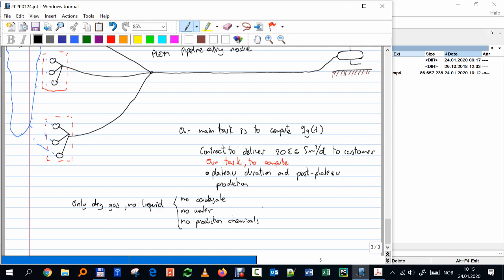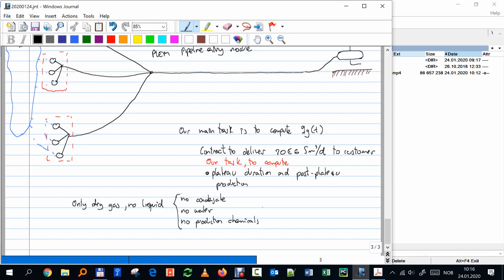Always, even if it's very dry, we always have some dropout either of oil, or some dropout of water, because the gas is saturated with water at reservoir conditions, or we need to inject something, as we will see later, for flow assurance, to avoid corrosion, so we have some production chemicals which are liquid.